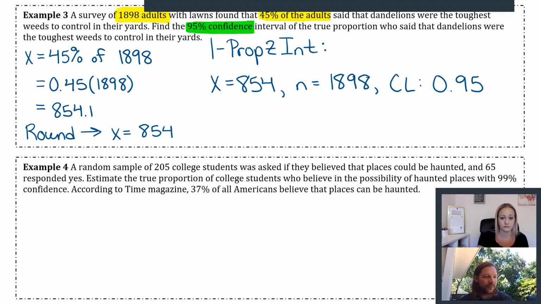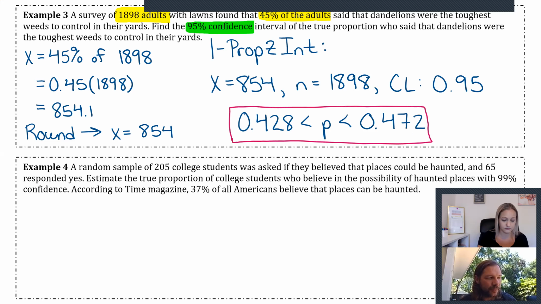And so when we hit enter there, it should give us that p is between 0.428 and 0.472. So that's 42.8% and 47.2% for our confidence interval.